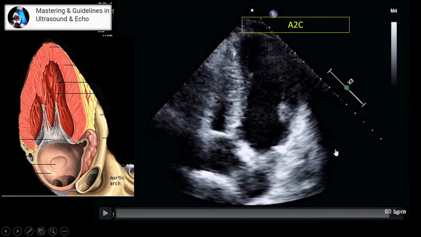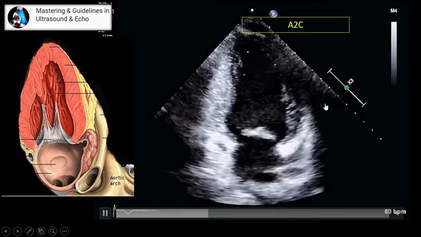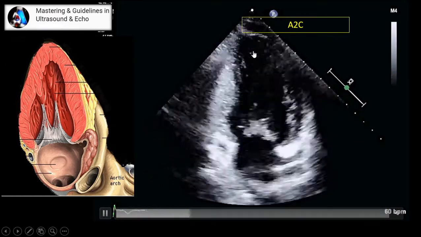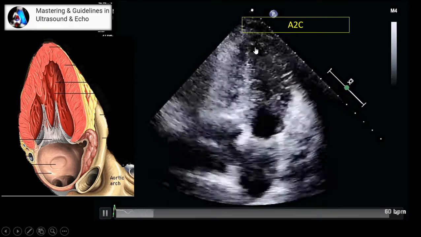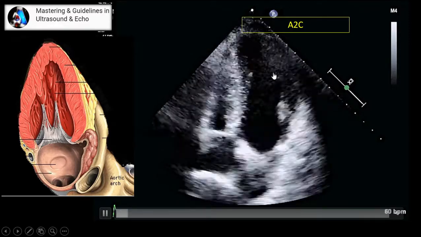After finishing those apical 4 images, we go for apical 2. For apical 2, from the apical 4, without fanning or angling, we just twist our probe counterclockwise 80 to 90 degrees until we get a very clear, nice apical 2 that has a crescentic shape.